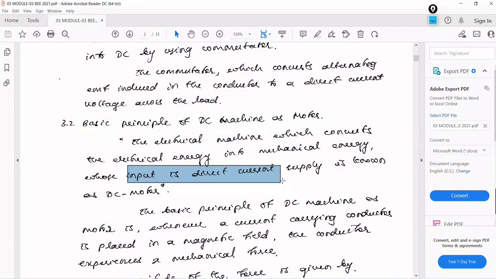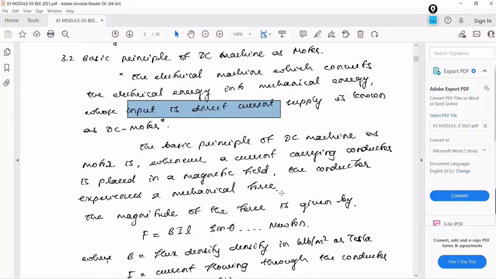If the DC power supply is given to the machine and that electrical energy is converted into mechanical energy, that is called a DC motor. What is the working principle of the DC motor? Here, there will be two magnetic poles, N and S.